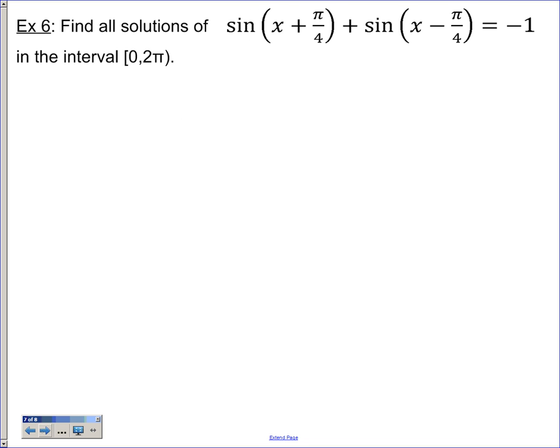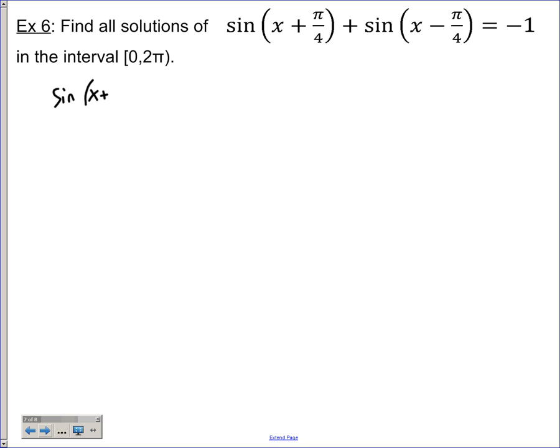So our sixth and final example is finding all solutions to this kind of complicated trig equation where we have x plus pi over 4 as an argument. We also have x minus pi over 4. So I'm going to find those two expressions separately.